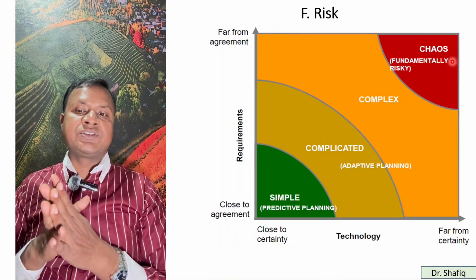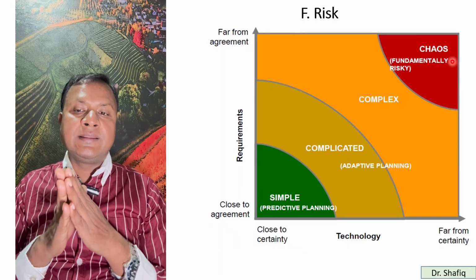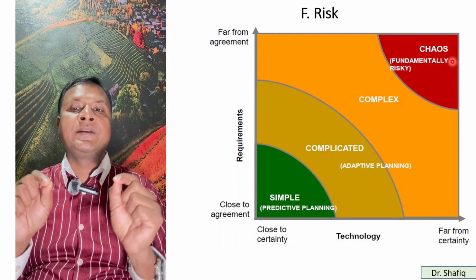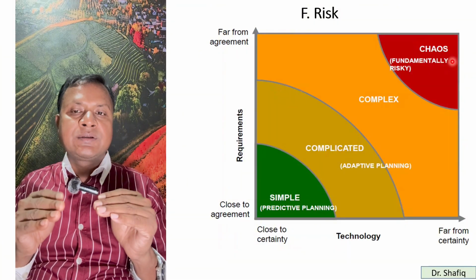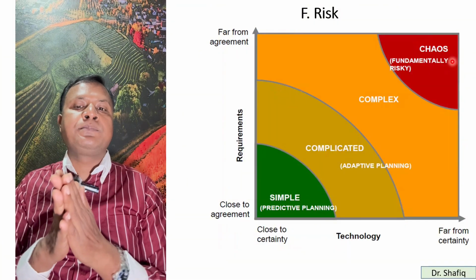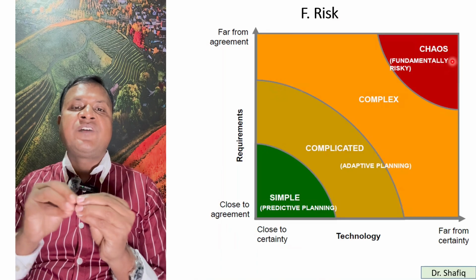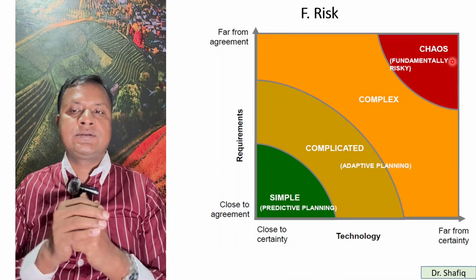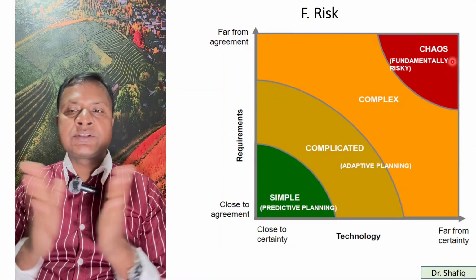So in this figure you can see, underneath it, simple, that's predictive and planning. If it is low risk and close to certainty and close to agreement, that means simple. If it is far from certainty and far from agreement, that means it's chaos. So if it's simple, that's good.